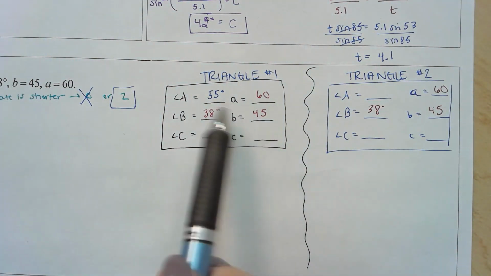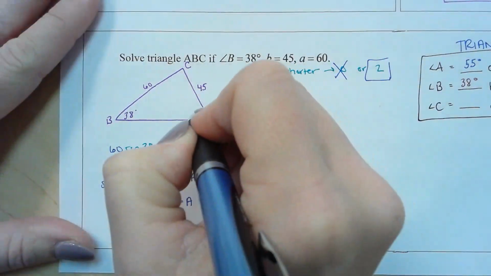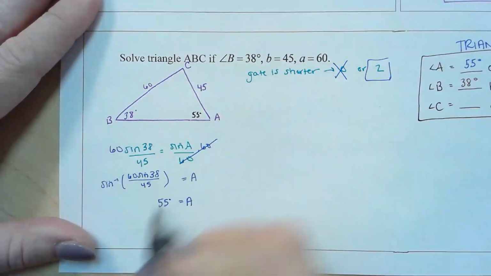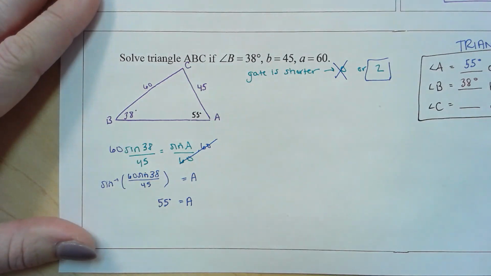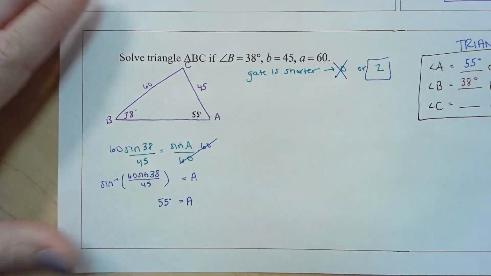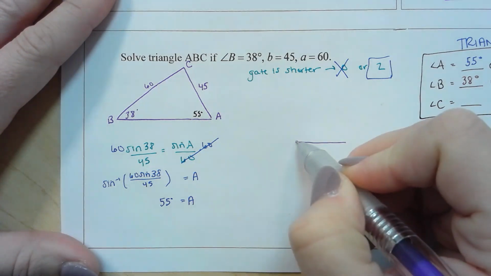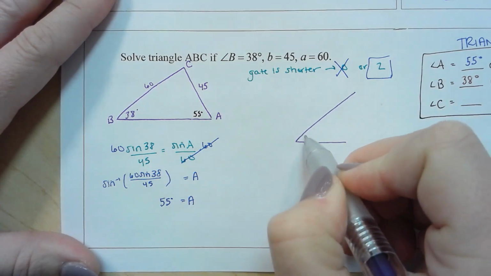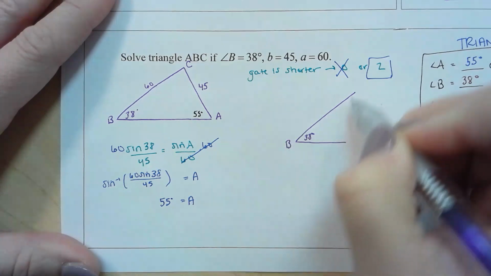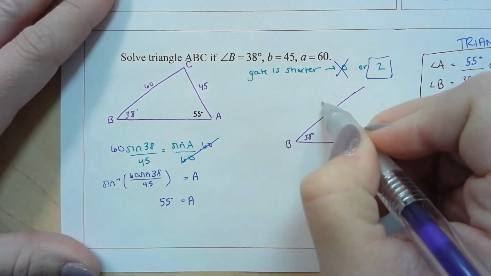All right, we found one option for angle A. That's in this triangle right here. We said this angle is 55 degrees. However, I'm going to draw my second option, so let's do it down here. Angle B is 38. Side B is 60.